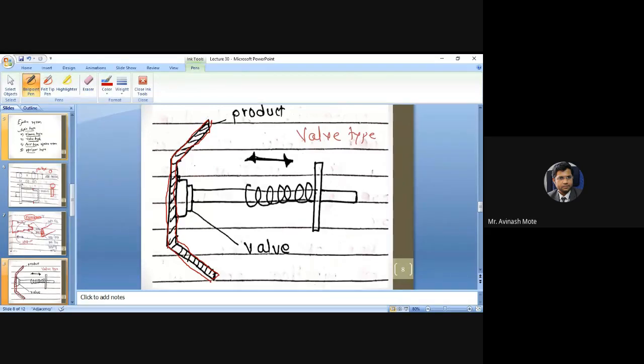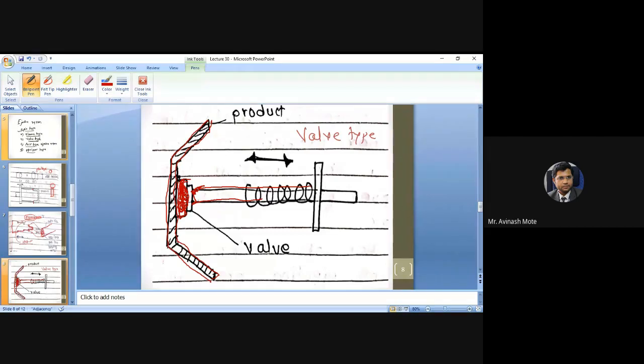Wall type. This is a simple wall which is resting on the surface. This is not a pin type, this is the pin. Up to this is the pin, but at the surface of the pin, a valve is attached, a rubber wall or another material you can use. This wall is there.